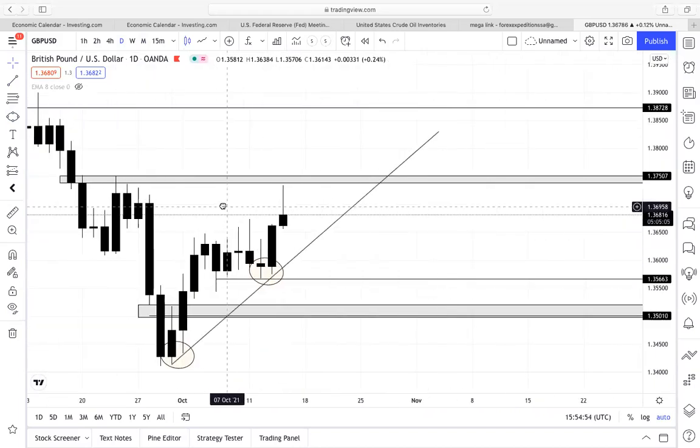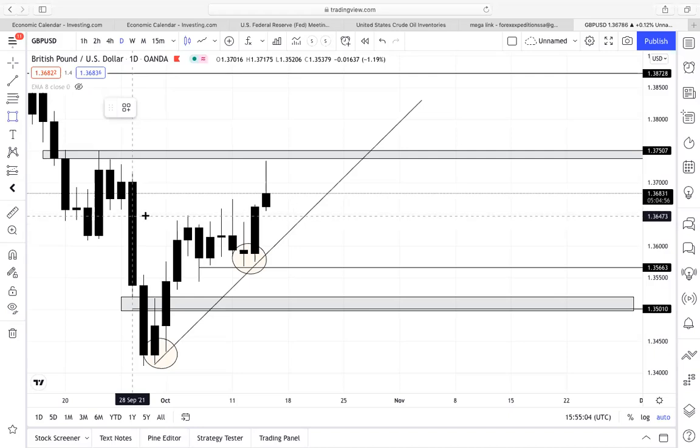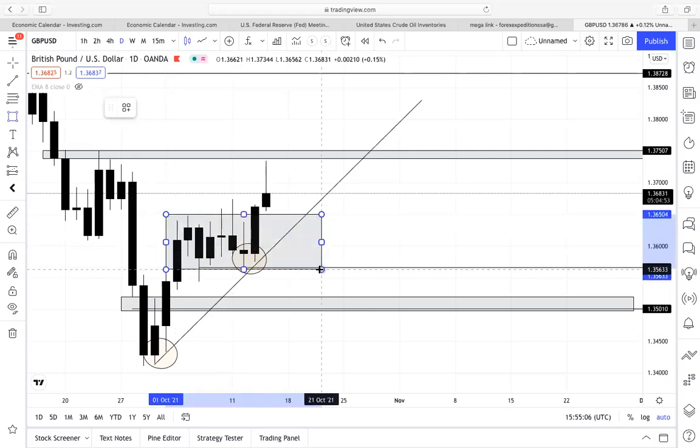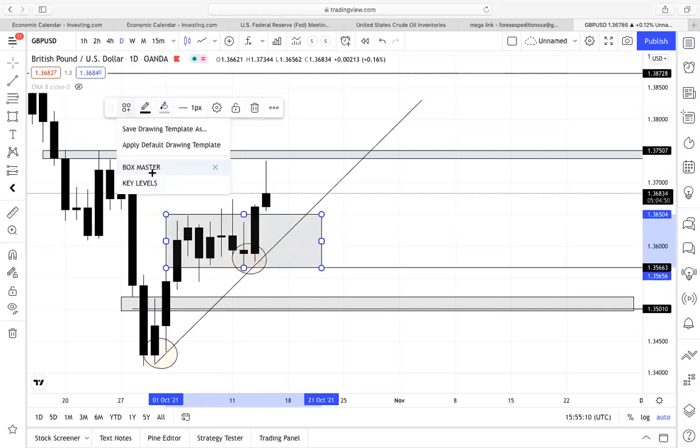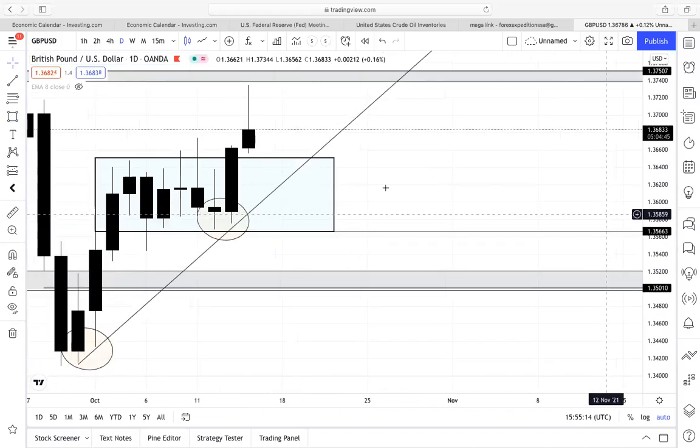I want to show you guys something. For 1, 2, 3, 4, 5, 6, 7 days in a row, do you guys see that? Price has been consolidating. The first sign of bullish momentum, where was it?